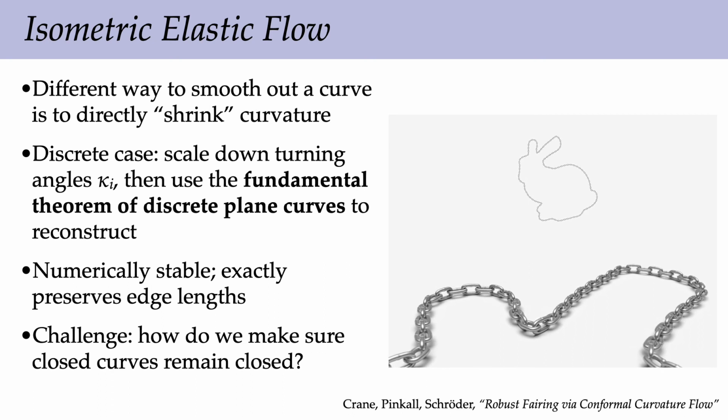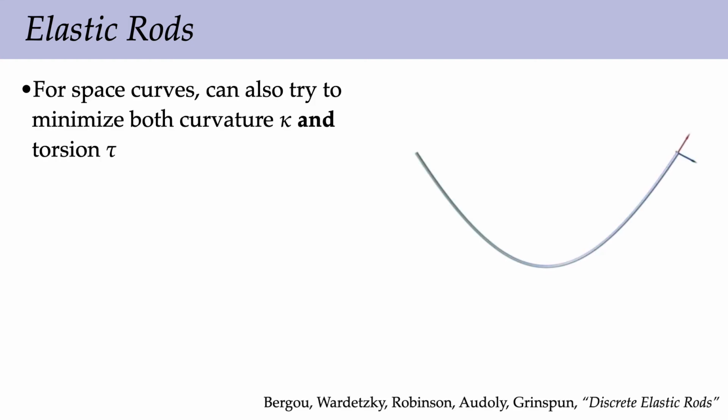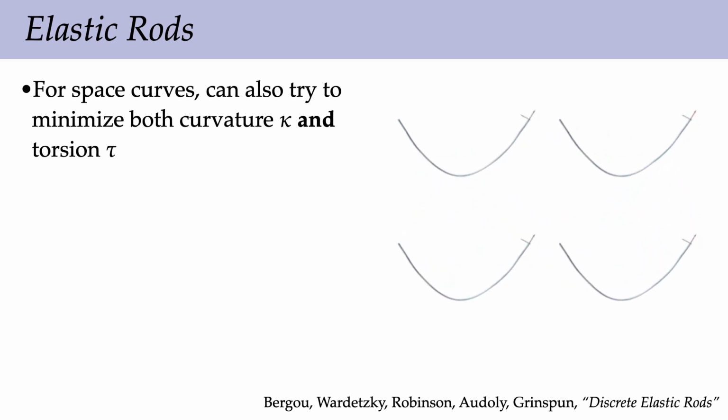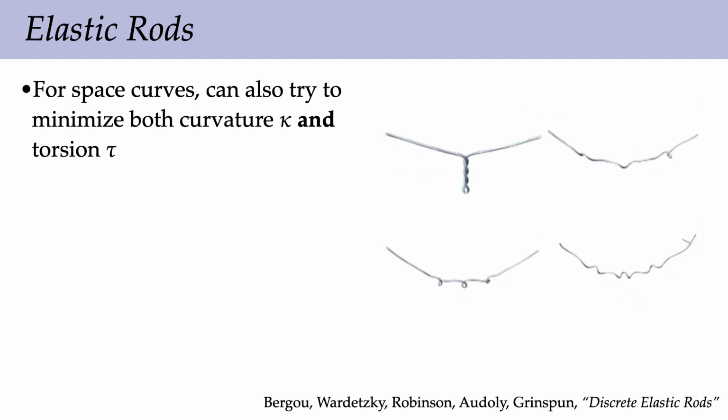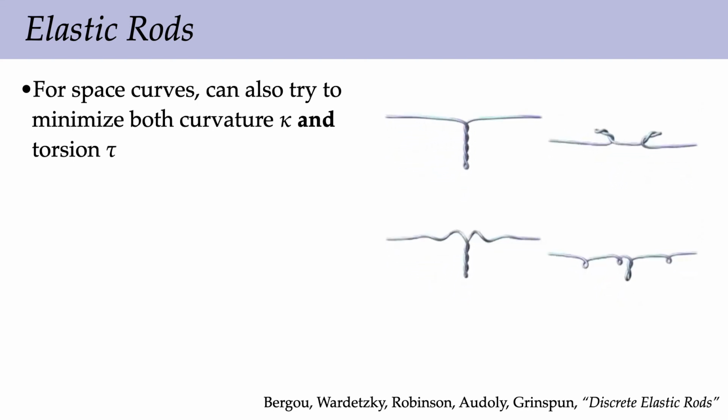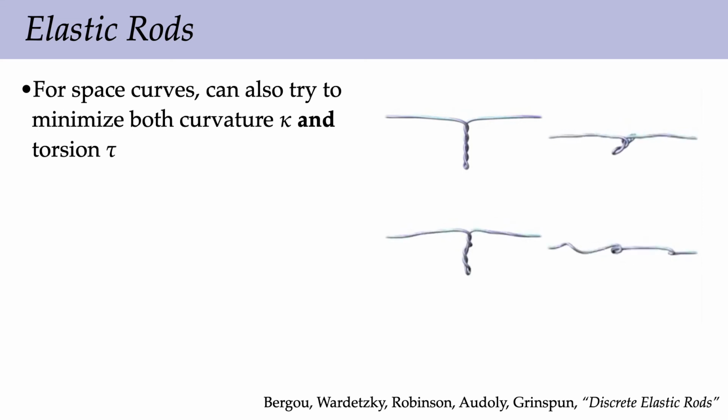Going beyond the purely geometric context, there are physical problems that we can study using discrete curves. So one is the question of how elastic rods behave. Again, an elastic rod would be something like the cable on your computer, or maybe a strand of hair. Right? So if you want to simulate or model the behavior of such rods, one thing you could do is try to minimize both the curvature and the torsion and keep track of how this curve evolves over time.